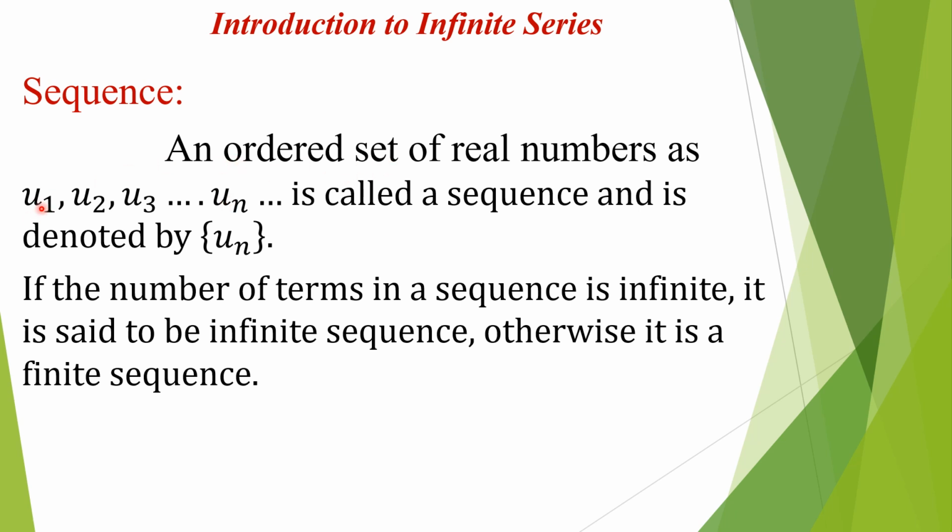So if we have 1, 2, 3, 4, these are the real numbers and they are ordered. So such is called a sequence. If the number of terms in a sequence is infinite, it is said to be an infinite sequence. Otherwise, it is a finite sequence.